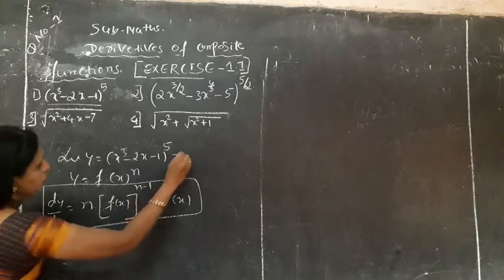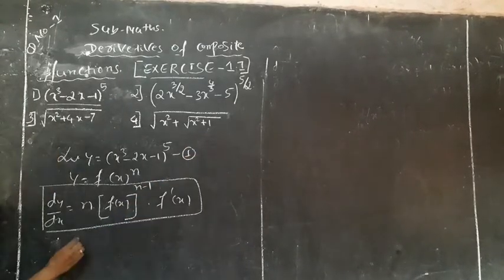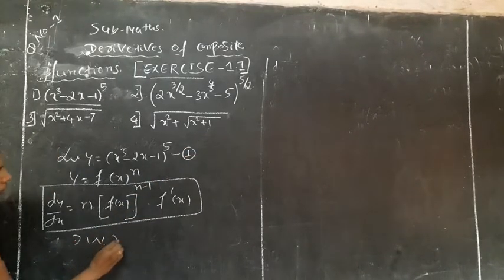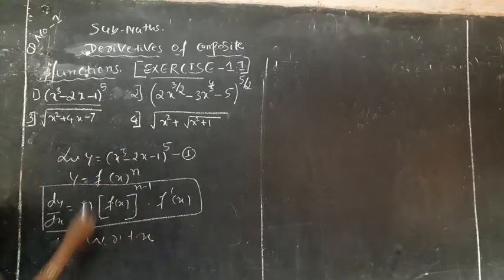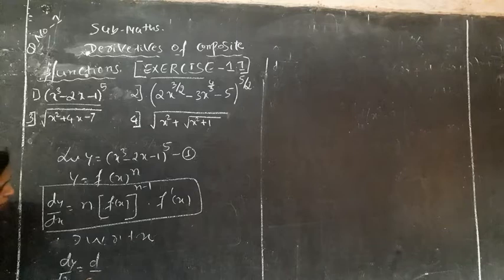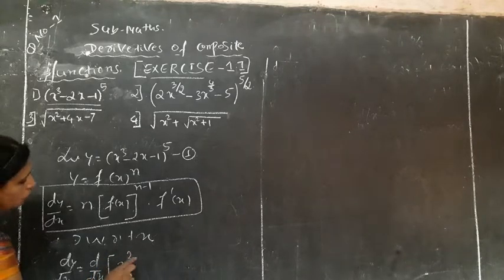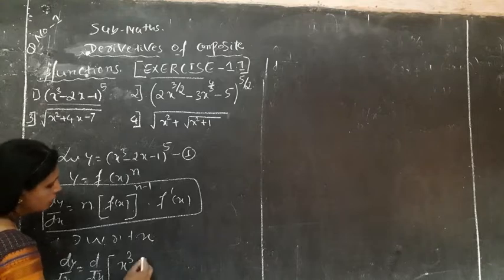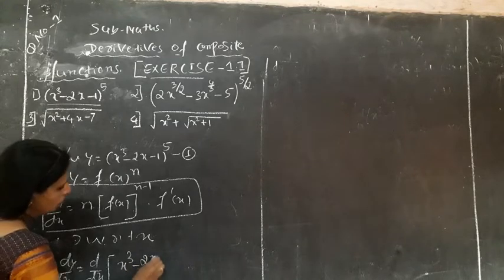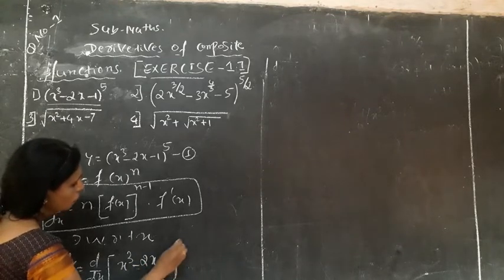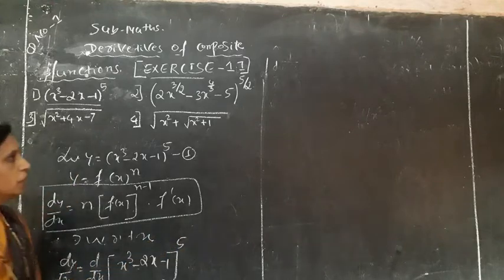Let it be equation first. Differentiating equation first with respect to x. Therefore LHS becomes dy upon dx equal to d dx of x cube minus 2x minus 1 raised to 5. Here n equal to 5.